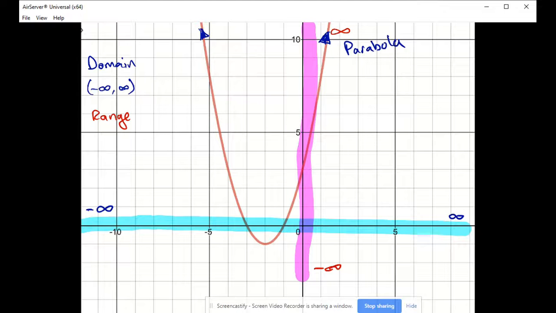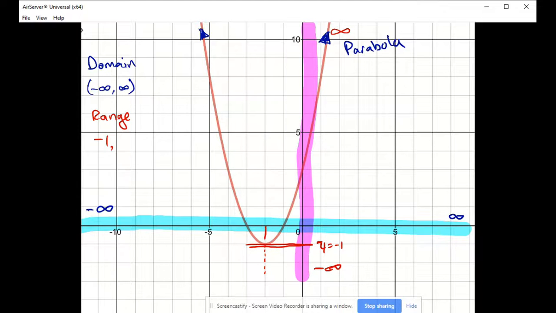So if we start at the bottom and we start coming up, where does our graph start? Our graph starts right here at y equals -1. So that -1 is going to be the first element of our range.